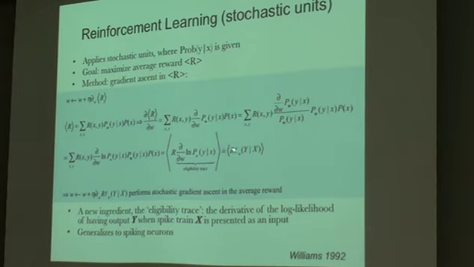The likelihood is sometimes indicated with the letter L. This is just to simplify the notation. Basically, this L means the likelihood of having output y. The great thing about this is that you can actually apply it to neurons that emit spike trains, not just spin neurons or firing rate neurons.